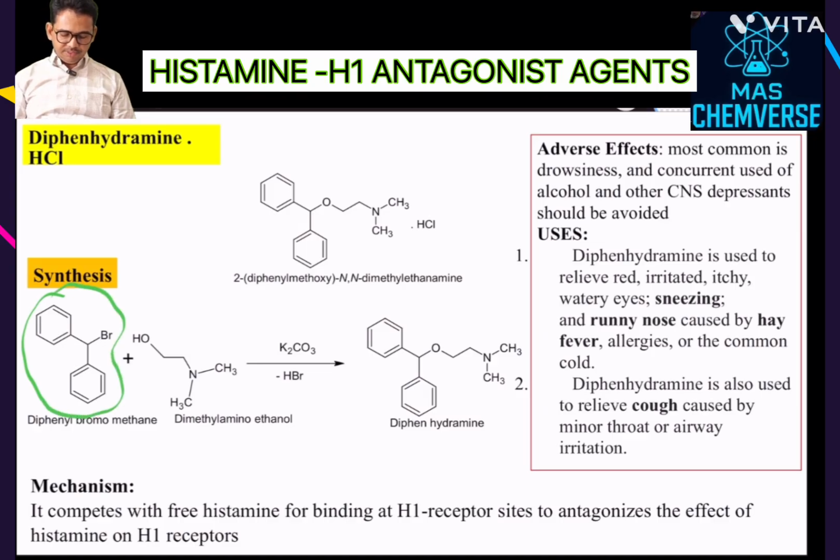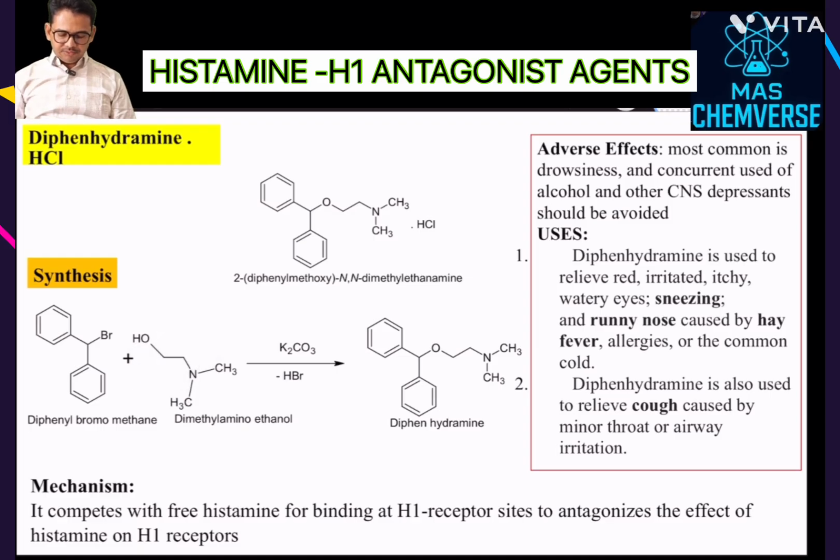In this case it undergoes condensation with dimethyl aminoethanol. This is the dimethyl amino group attached to the ethanol, a two-carbon ethanol.